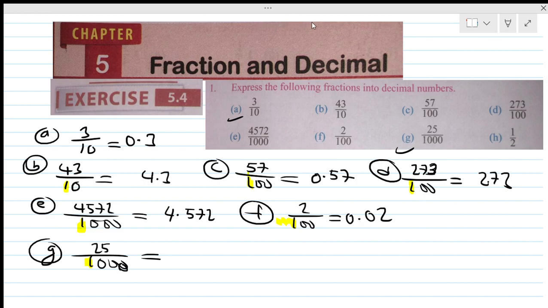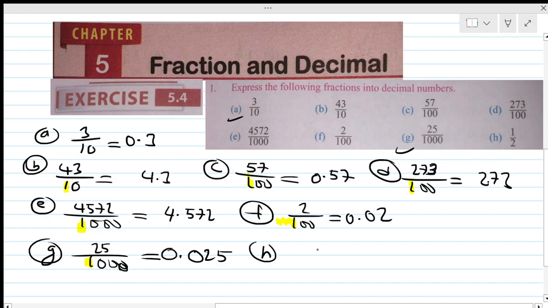And now 25 by 1000, three zeros, so after the decimal there should be three digits. So 25, two digits are already there, so take help of 0, now plus a point, so 0.025.